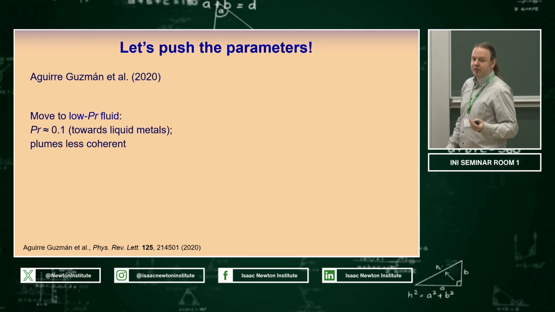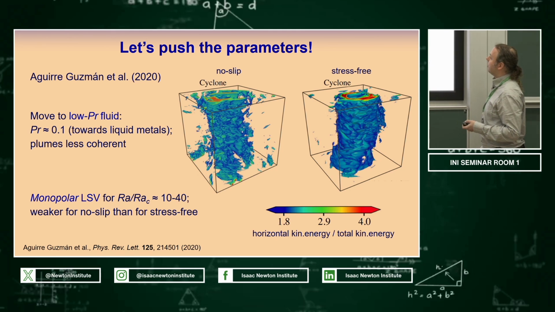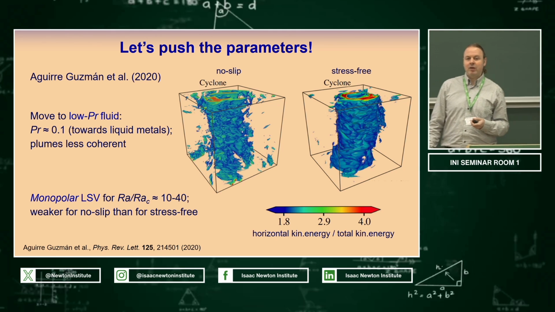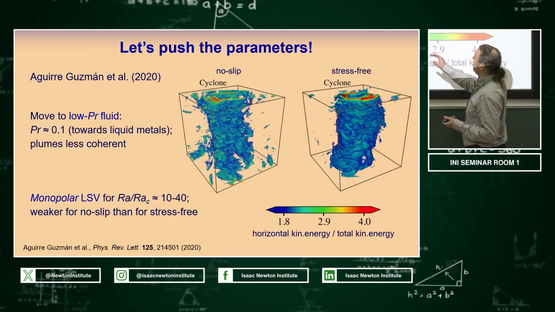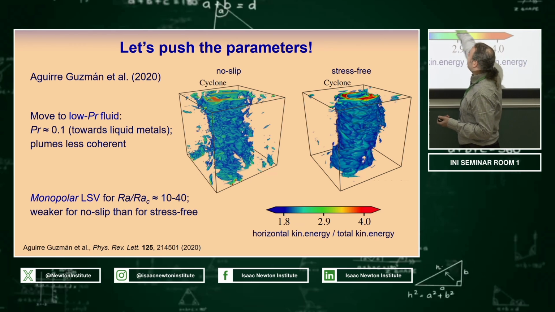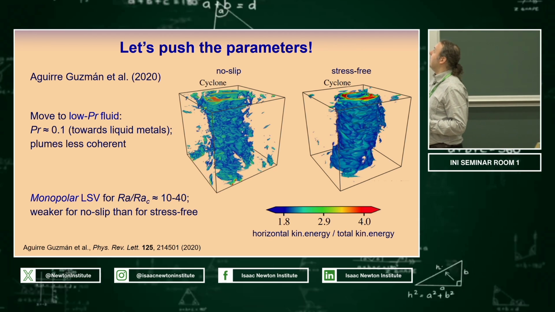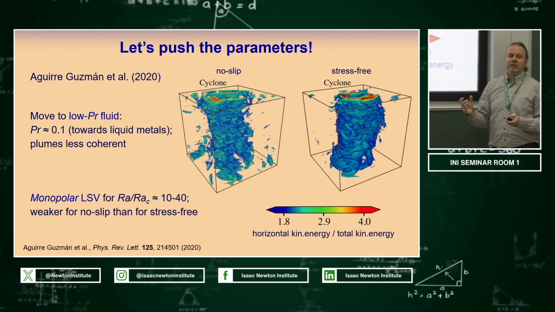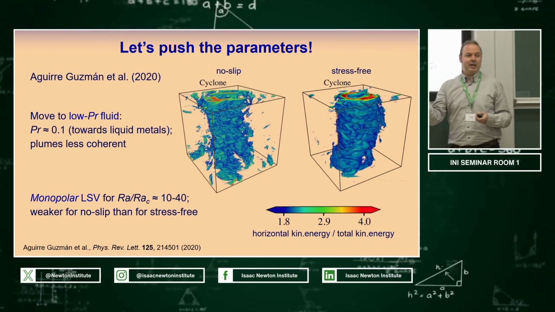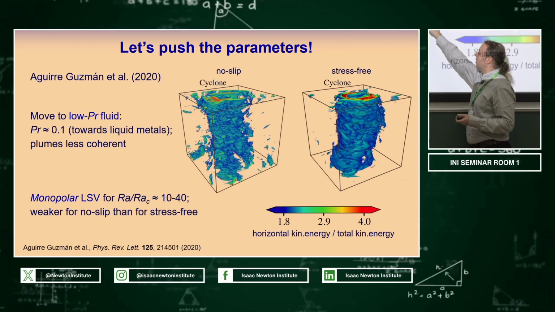So then the other approach is to move to low Prandtl number fluids, and this would also give a very nice large-scale vortex once again. I actually put no slip and stress-free side by side so that we can also see the differences. And it's clear that the stress-free case is much more well developed. It has also more energy contained inside compared to the cyclone for no slip.